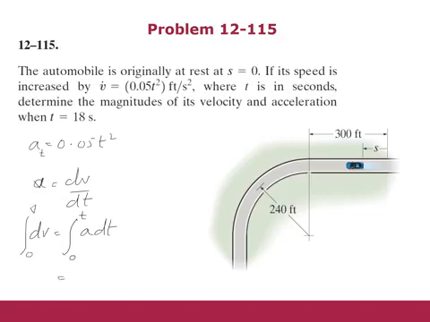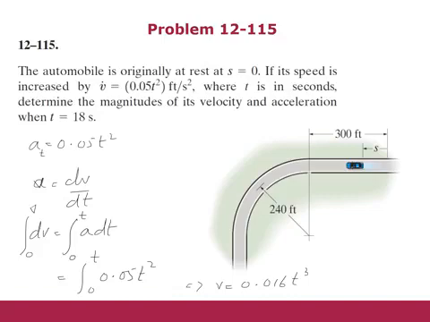So we have acceleration which is 0.05 t square. When you integrate it, you will get v is equals to 0.016 t cube. This is the velocity which is actually the function of the time.